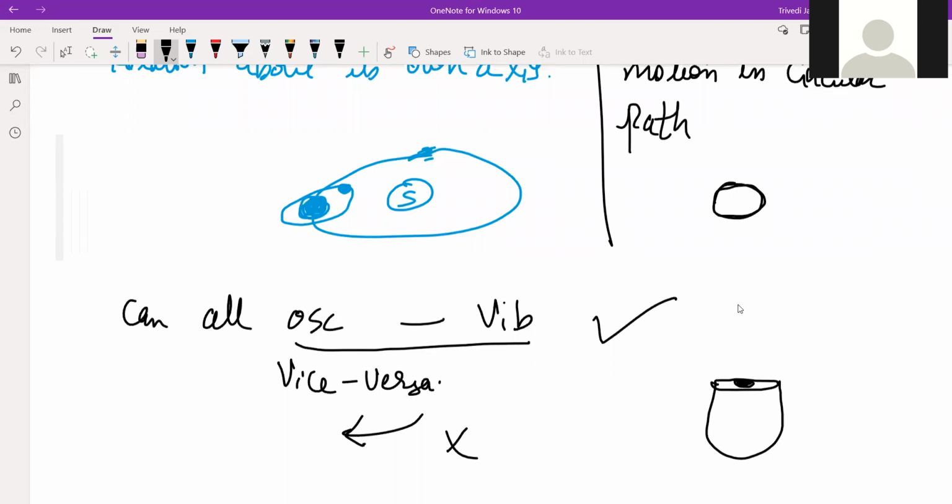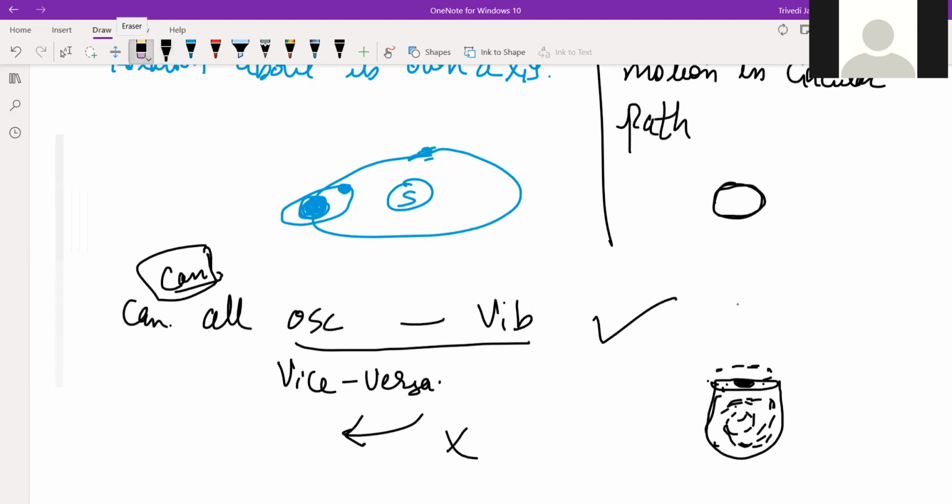If you bang this one, the air around it gets disturbed, so that makes a sound with the help of compression and rarefaction. So vibratory cannot be oscillatory, but oscillatory can be vibratory. Can, there is a question mark here. Can be, or it may be.